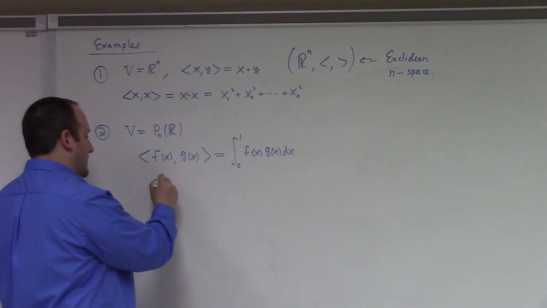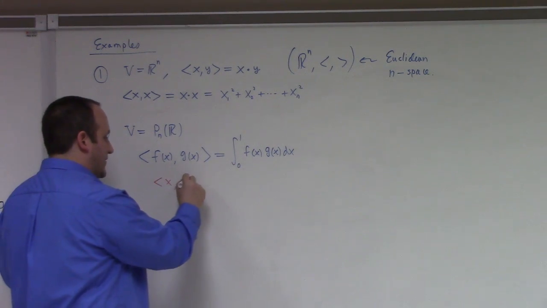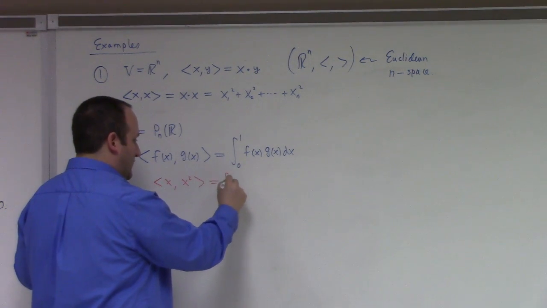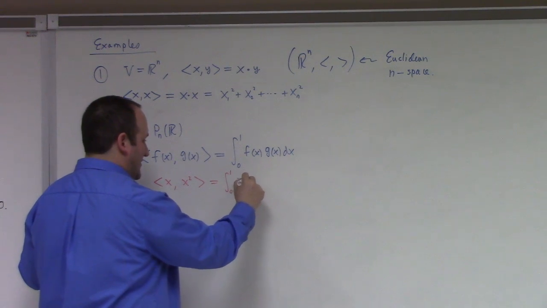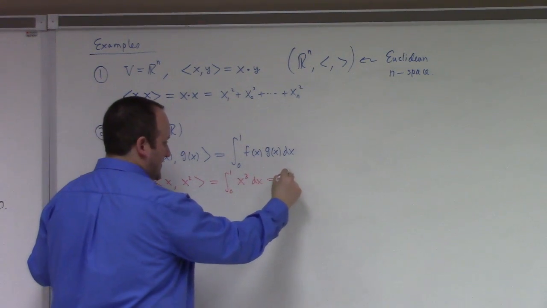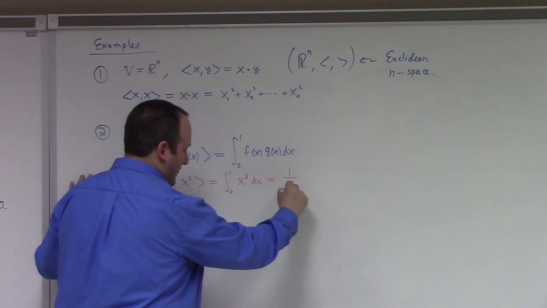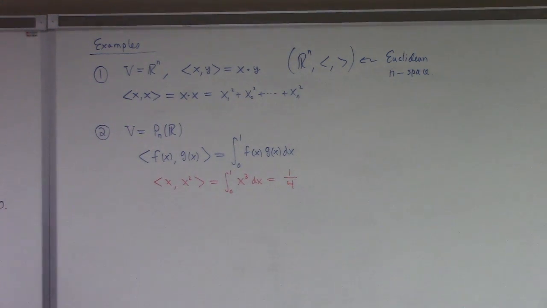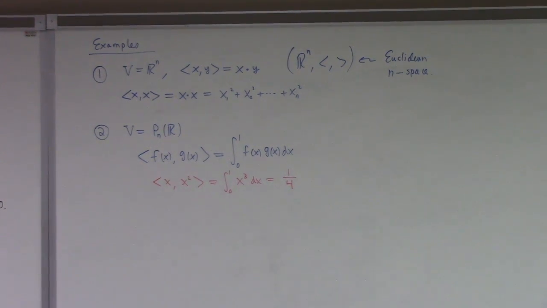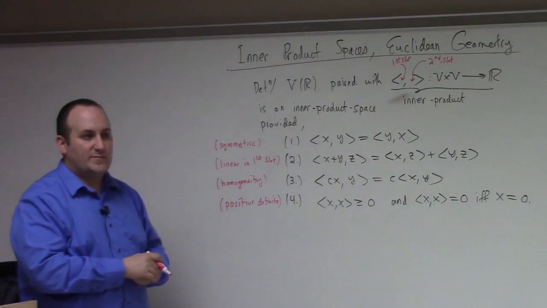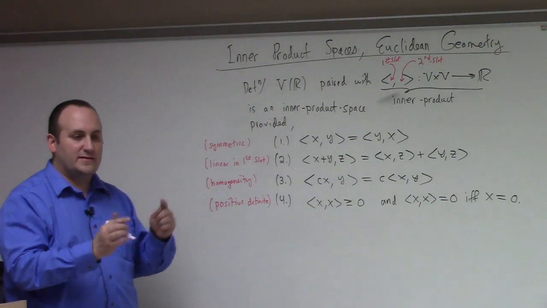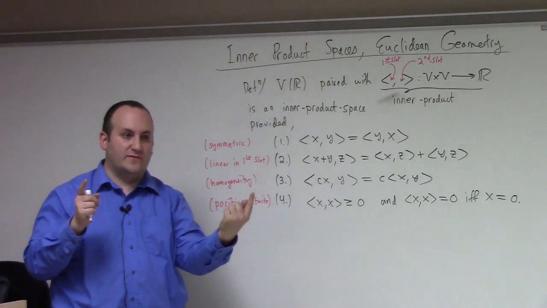So for example, if I calculate the inner product of x and x squared, that would be the integral from 0 to 1 of x cubed dx, which is 1/4. Does that inner product satisfy these axioms? Yes, by properties of the integral it does. f times g is g times f, so it's symmetric.